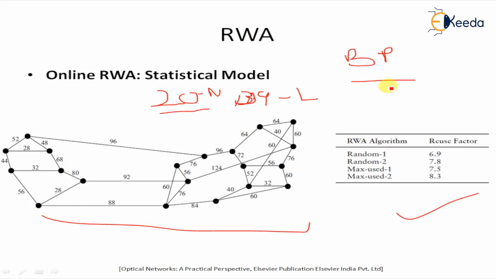Here the reuse factor is 6.9 for Random 1, 7.8 for Random 2, 7.5 for Max Used 1, and 8.3 for Max Used 2. So this is the reuse factor for 1% blocking in different RWA algorithms for the 20 node network considered here.